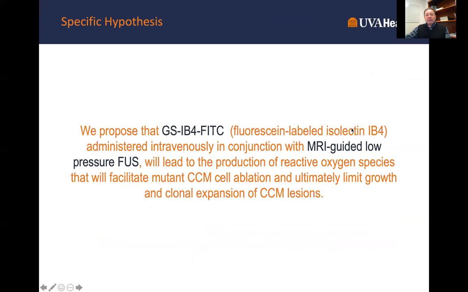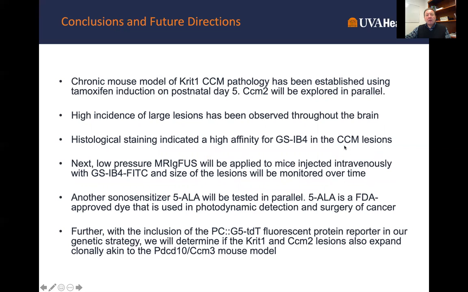So these findings led us to refine our initial hypothesis, and we proposed that isolectin could perhaps be used to specifically deliver the sonosensitizer fluorescein to the CCM lesions. And after MRI-guided FUS, we will be able to gently ablate these mutant CCM cells and perhaps ultimately limit growth and clonal expansion of CCM lesions.